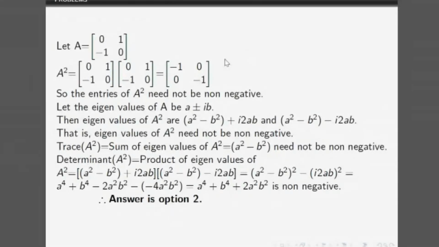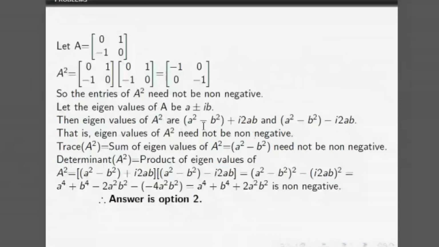Next, we'll be checking eigenvalues. When we are looking at eigenvalues, we'll definitely get what is called the trace and determinant. It follows along with it. So let us take the eigenvalues of A to be a plus ib and a minus ib, because they occur as conjugate pairs. We'll check the eigenvalues of A square first.